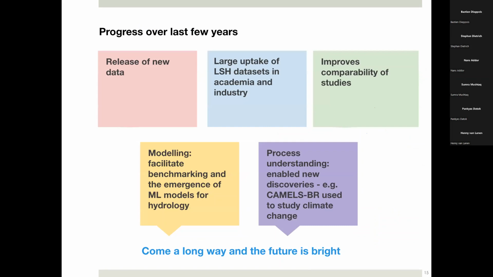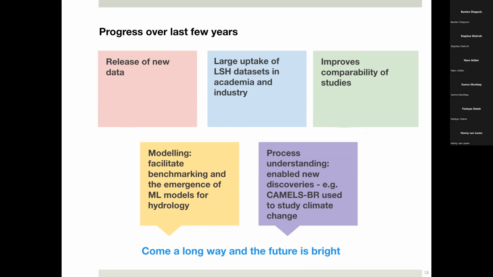So looking back a little bit, how much progress have we achieved over the last few years? A lot of new data has been released and has been taken up in academia, but also in the industry. We've established new standards to share hydrological data, which means that these datasets are fairly comparable and can be used together in large-scale studies.